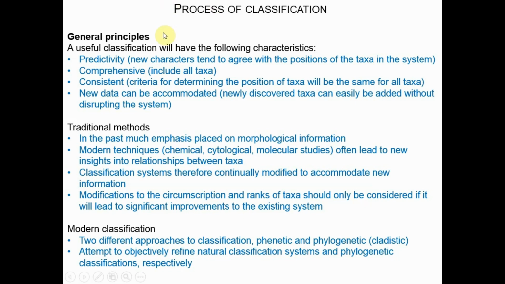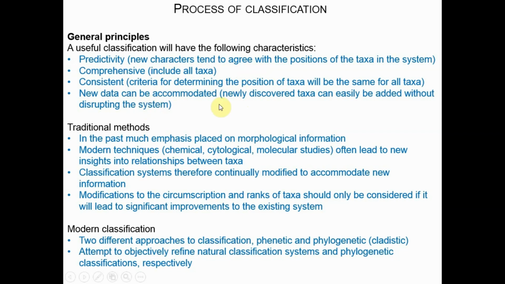It's comprehensive, so it must include all taxa, and taxa that have not yet been described must be described upon discovery and included into the classification. It must be consistent. Criteria for determining the position of taxa will be the same for all taxa. You can't have any exceptions, and therefore the consistency is really key in classification.